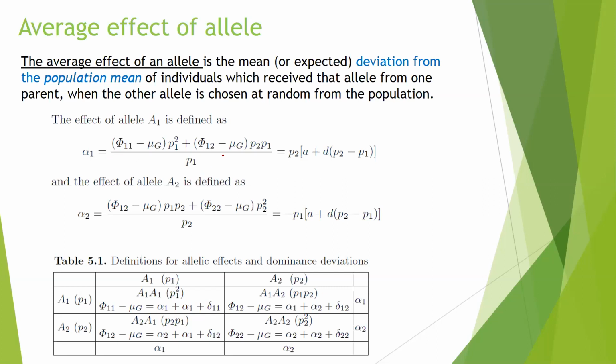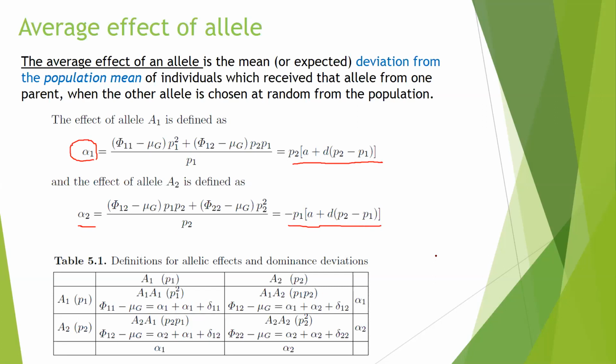We only deal with two different alleles, A1 and A2, for an F2 population. This is how we define the effect of an allele. For example, for A1, this is the final expression. Similarly, we can define alpha 2, which is the average effect for the other allele, using this formula.